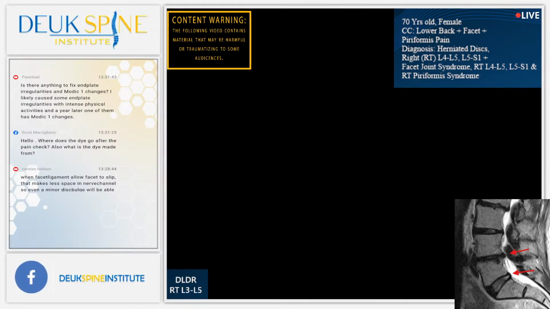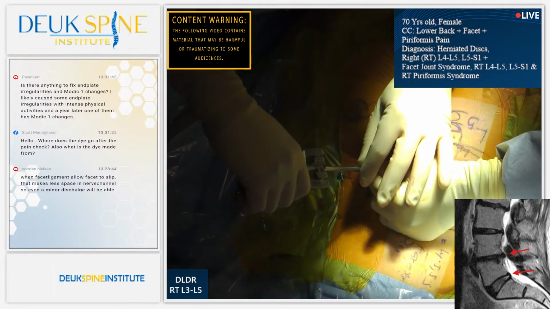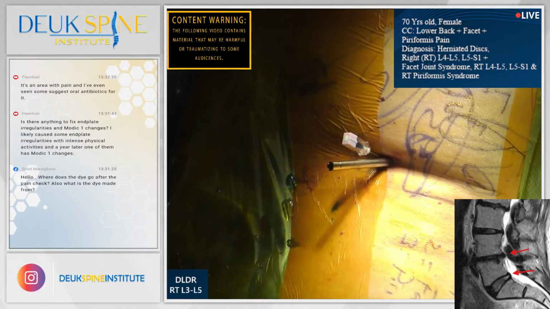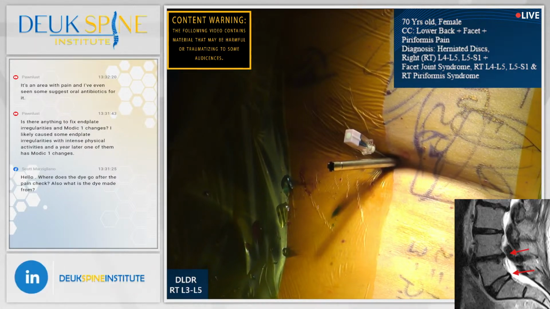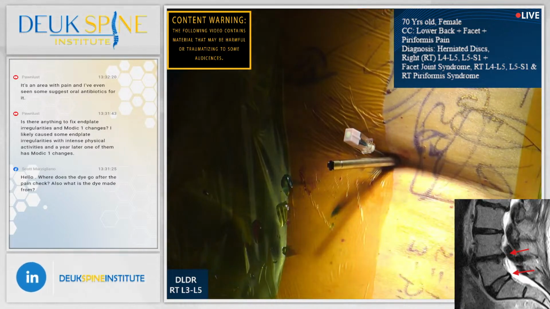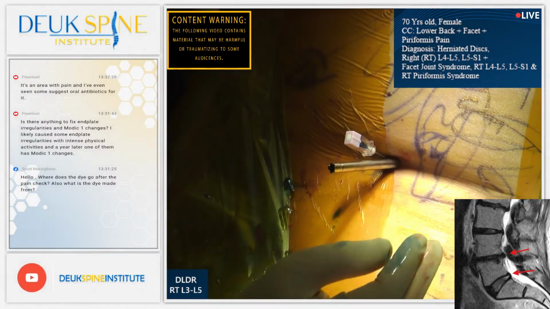So yes, when the facets slip down, it does narrow the neuroforamen, and it can potentially cause the disc to bulge out more, and it can cause the nerve to be pinched. That's very correct. That is a very good observation.